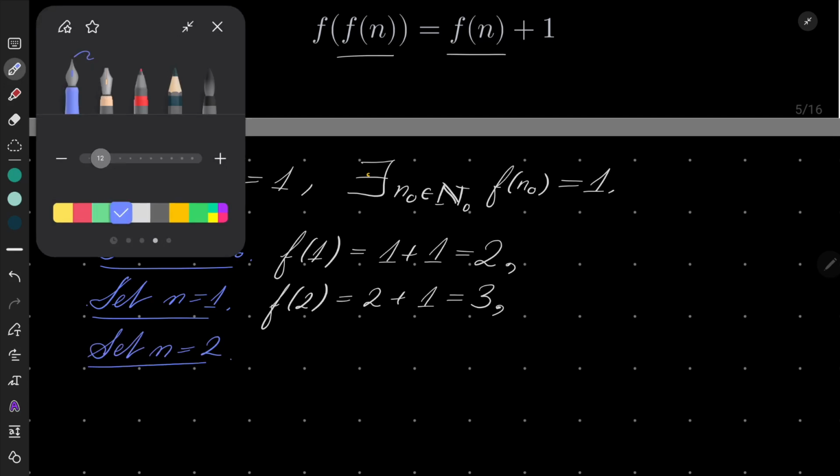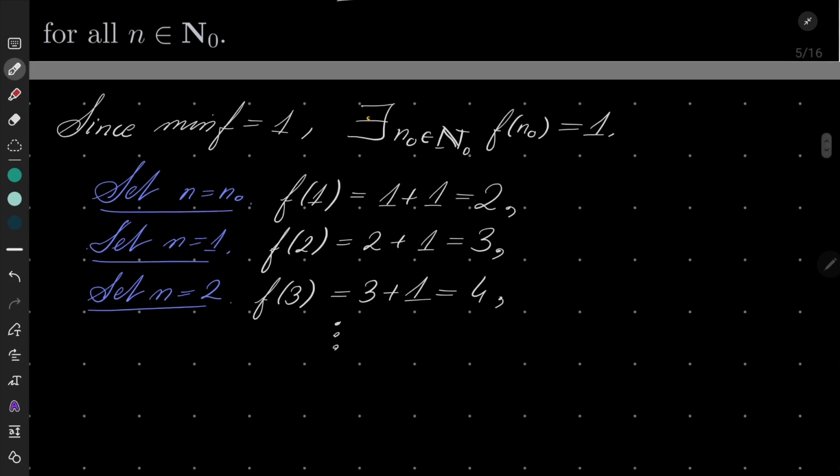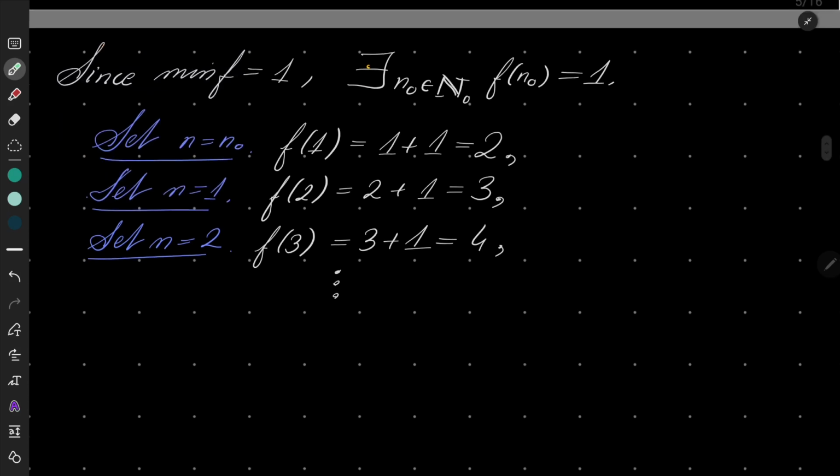What happens? Well, on the left hand side, I have f of 2, which is f of 3, and on the right hand side, I have 3 plus 1, which is 4. And probably you see what's happening, you see the pattern. Namely, if you are not convinced, you can use induction.